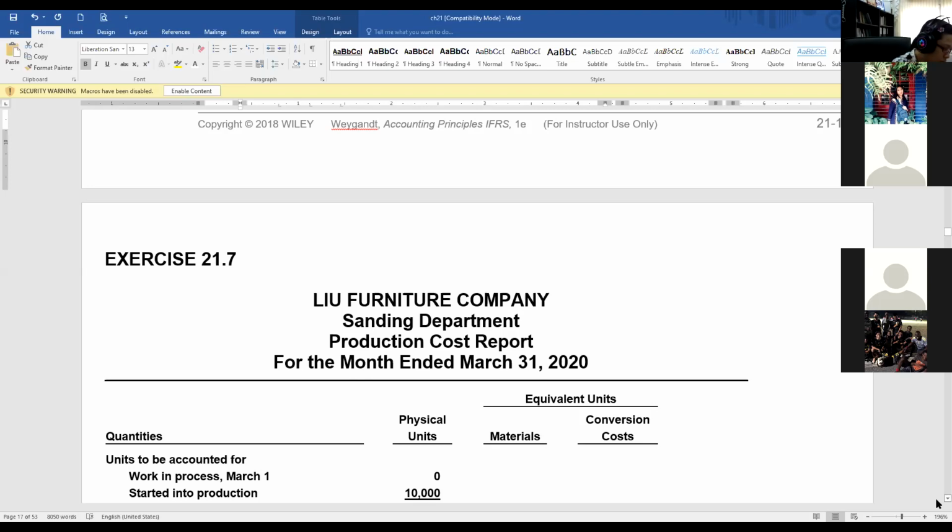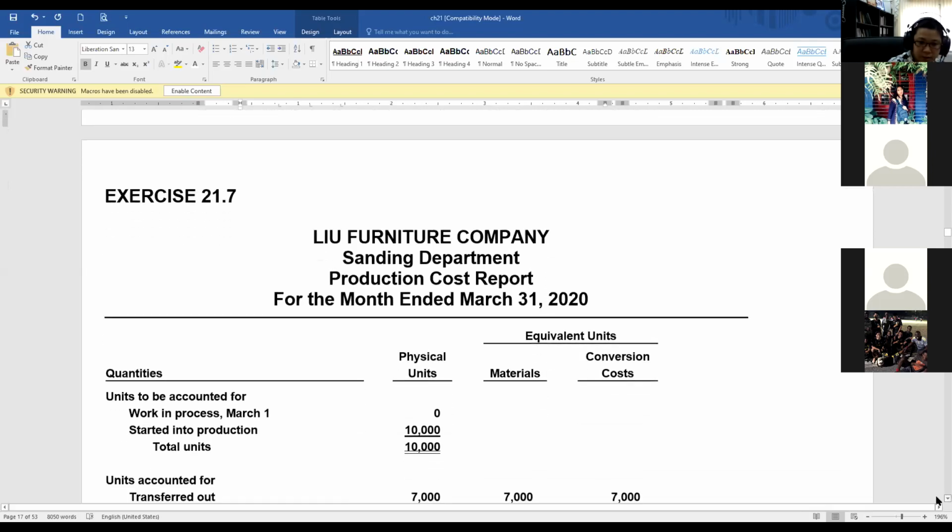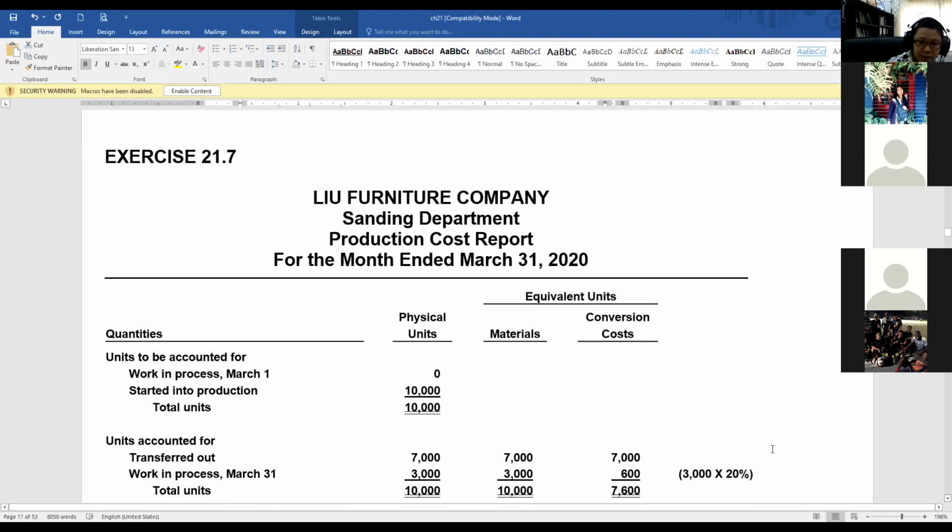So 7,000 units plus 3,000 units would be the started into production. We have 7,000 units completed and transferred out, plus 3,000 units of work in process at the end, and that will be 10,000.